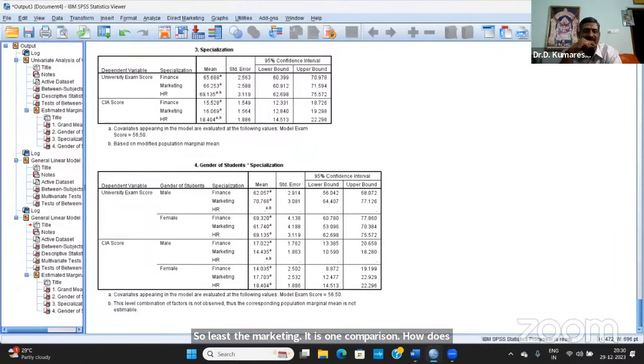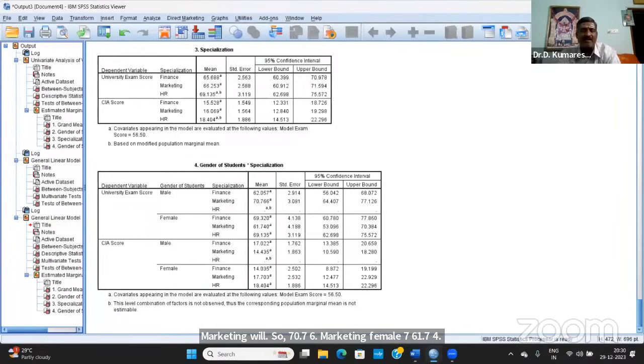Another comparison, finance male and finance female. Finance male 62.057, finance female 69.320. Marketing male 70.76, marketing female 61.740.